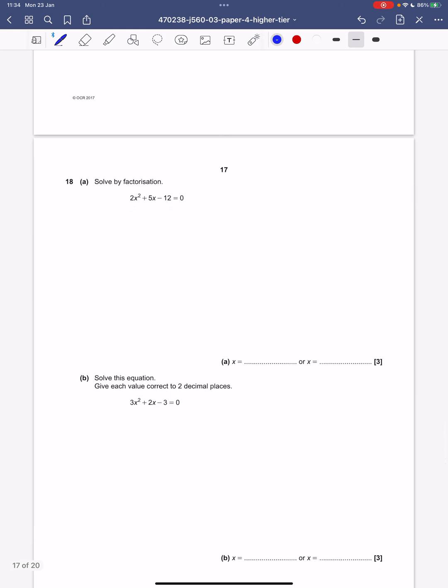Solve by factorisation. Okay, so there's lots of ways of factorising this, and I've known schools teach quite algorithmic ways to teach this. Now the way that I was taught it, first of all, I was told, right, so it's 2x in there and it's x in there, and that's going to give us 2x squared.